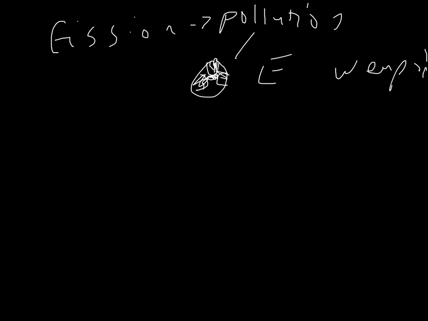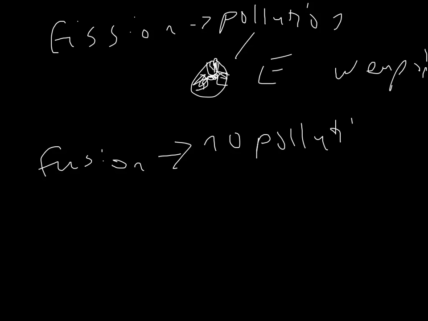Fusion, on the other hand, is a lot more preferable, but it takes a lot more energy to start. Fusion makes no pollution, so that's how you start seeing it as a possible fuel source in the future, like you hear about plasma ion fusion torches. There's no pollution, lots of energy, it's a big E, and it's what the sun does.